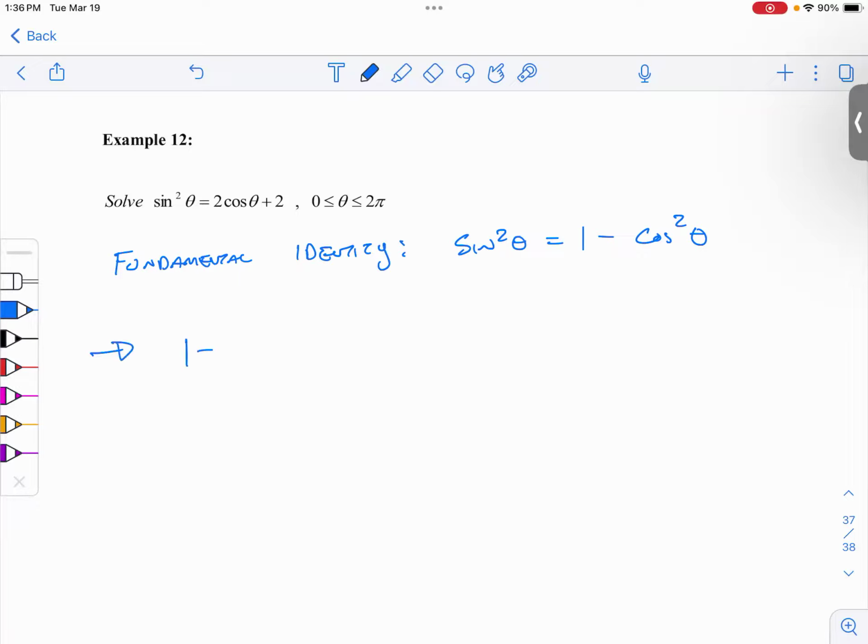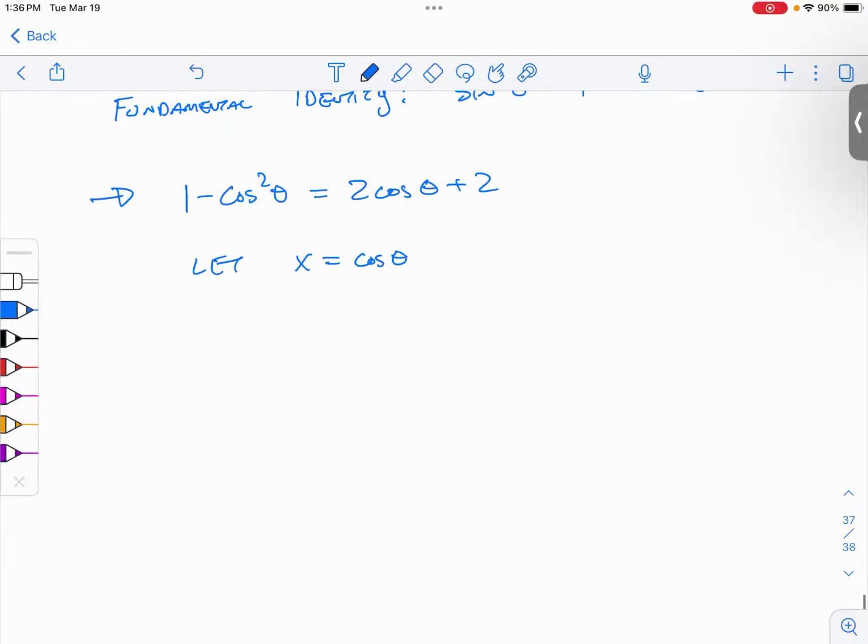Which then becomes 1 minus cosine squared theta equals 2 cosine theta plus 2. Since I did the hard part, let x equal cosine theta. And we just have an algebra problem.